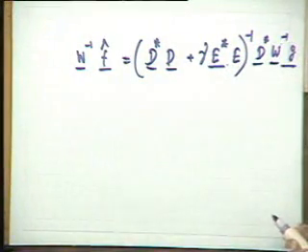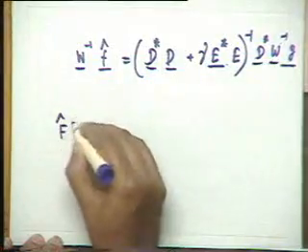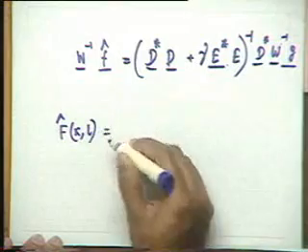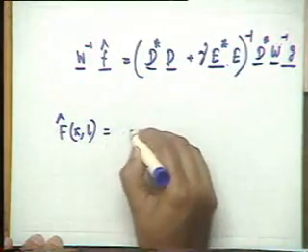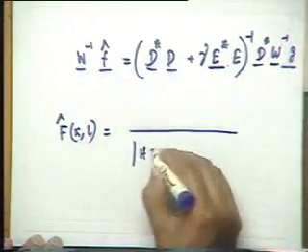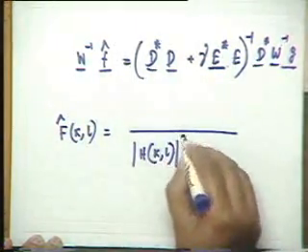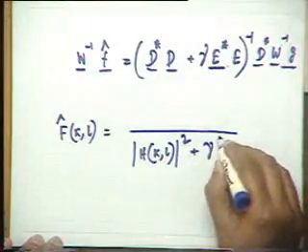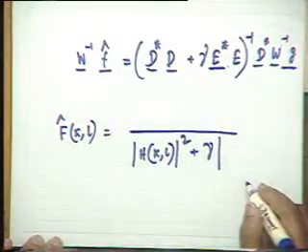And from this, I think it is quite easy to derive F hat KL, that means the KLth component in the frequency domain. So F hat KL, what is it going to be? What is going to be the denominator term? Excellent: mod of H KL squared plus gamma times mod of P KL squared.